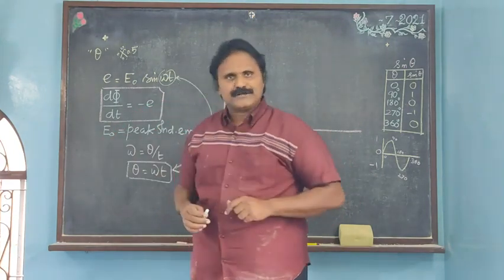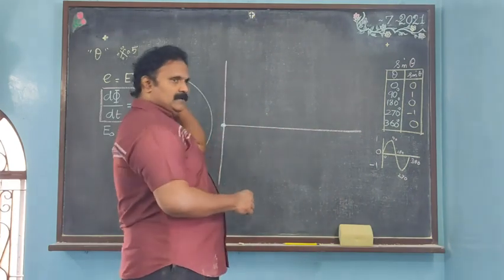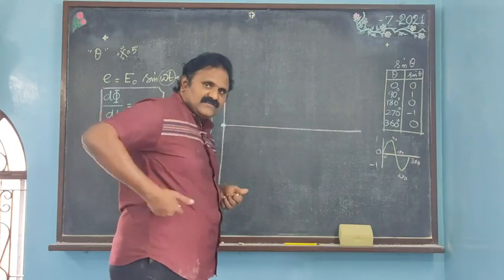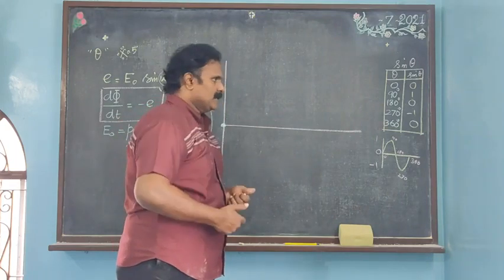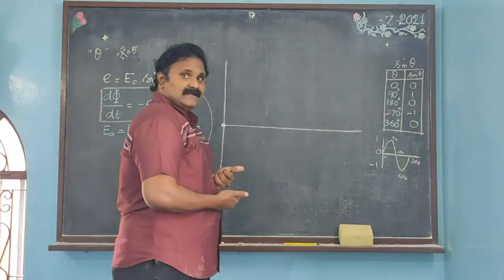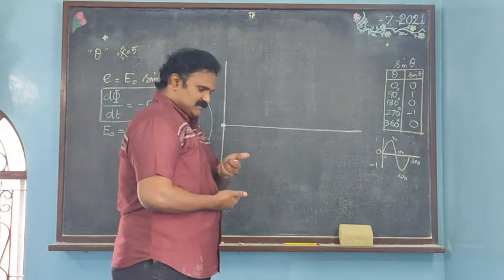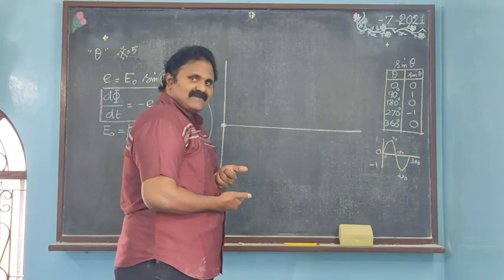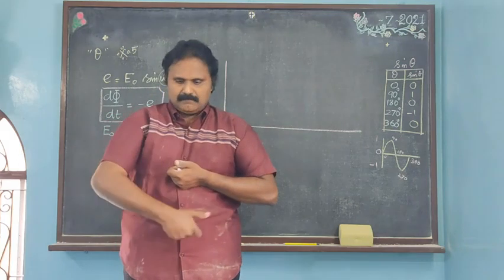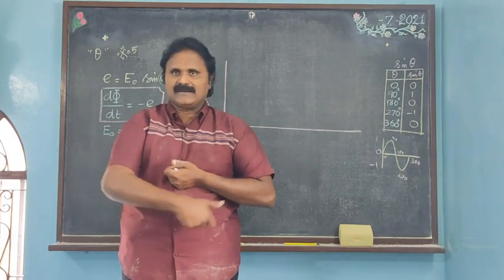First, I take into consideration, I told you my back is going to be north pole, this is south pole, this is the direction of the magnetic field. I am a coil, I am standing like this, so both are oriented in this direction. Now, the normal to the coil and the magnetic field have an angle 0. Once again, I come like this, but the magnetic field goes as usual like this only.